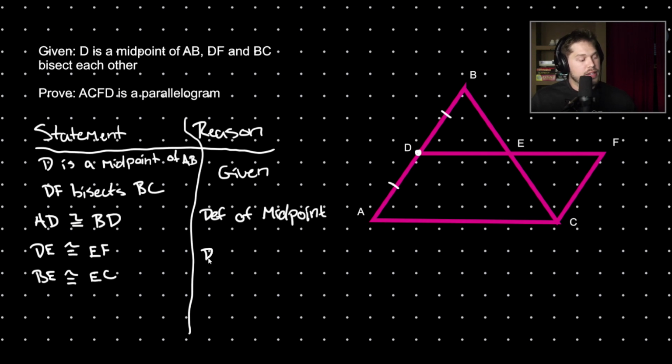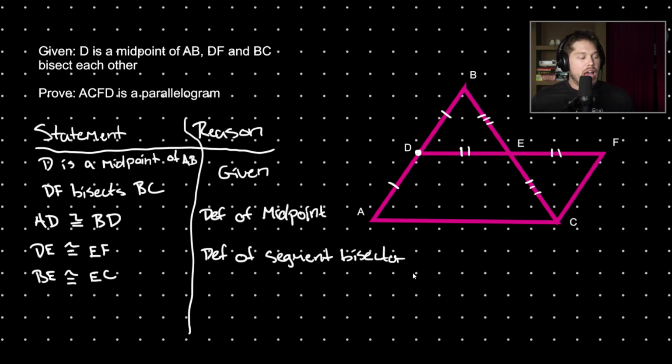And this is by the definition of a segment bisector. Let's mark this on our picture so we can see exactly what's happening. We know that this side is congruent to this side, and this side is congruent to this side.